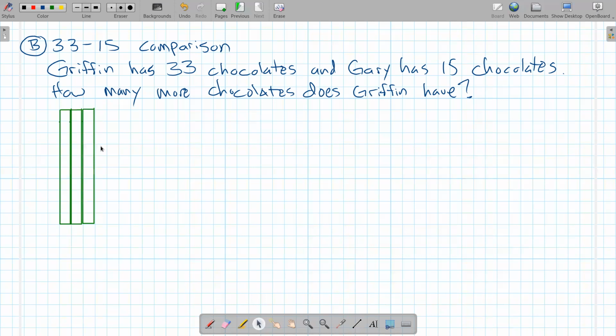It's way easier to use that app or just draw them freehand, but my freehand with this tool is not all that great. So then we need to show 3. 1, 2, 3. So that's Griffin's. Then I got to show Gary's.